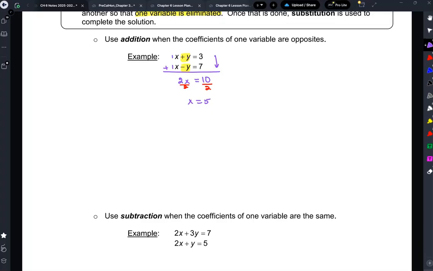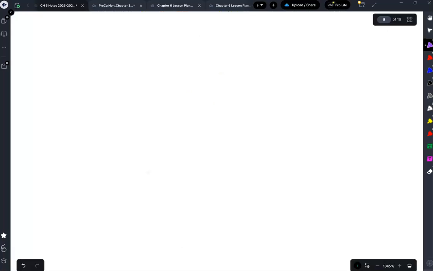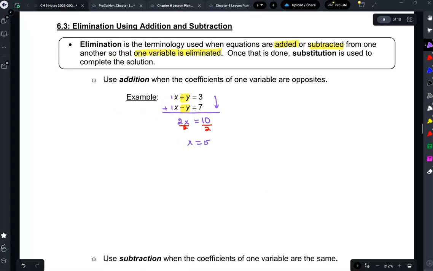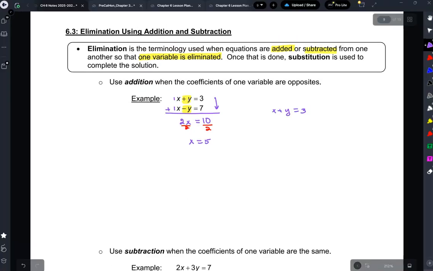Now I still need y. I'm going to take my x and I'm going to pick any one of these equations. It doesn't matter which one. Any one. And I'm going to use it to find y. So for this one, I'm just going to pick the first one. X plus y is equal to 3. Now, I know what x is.